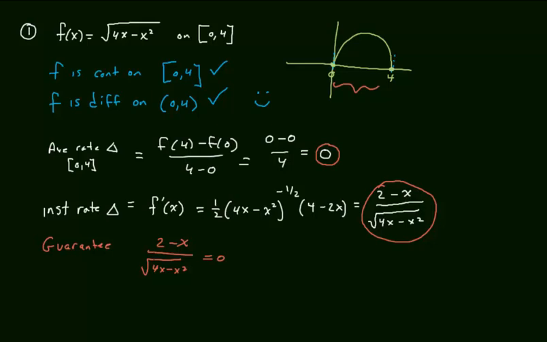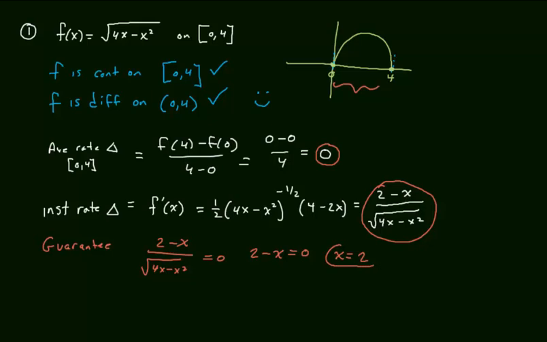Well, let's see. We know that this fraction will equal 0 when the numerator equals 0. So we have to simply find where the numerator equals 0, as long as the denominator does not simultaneously equal 0, and it doesn't at x equals 2.